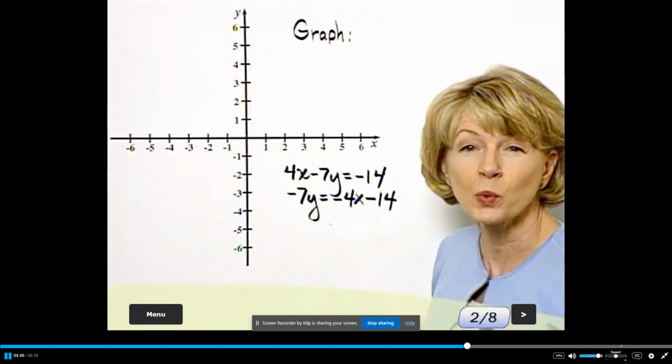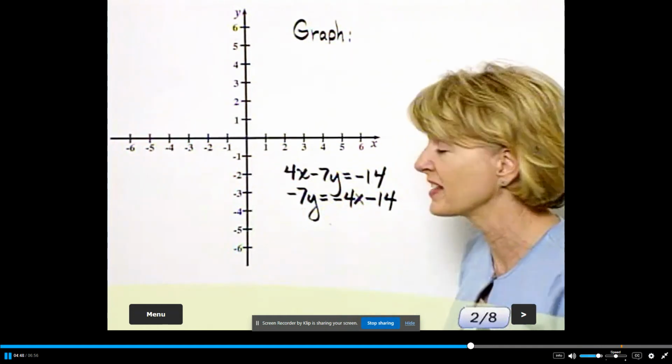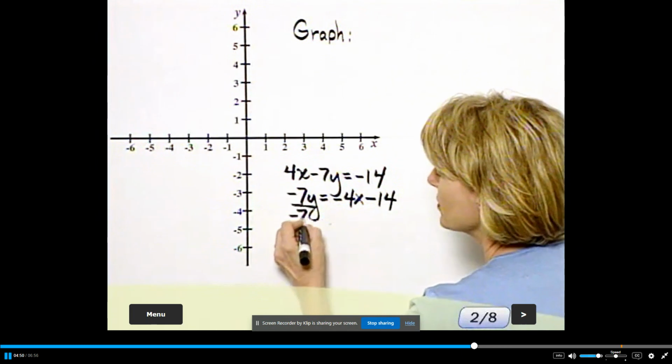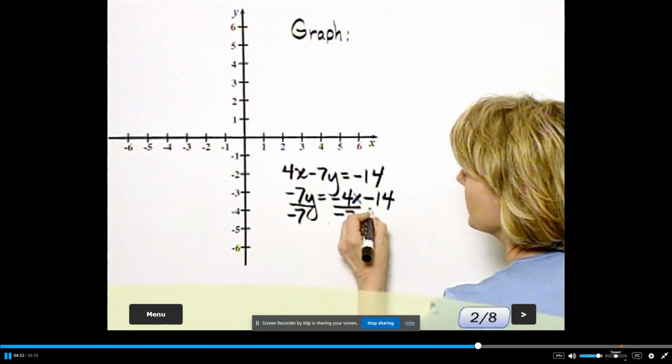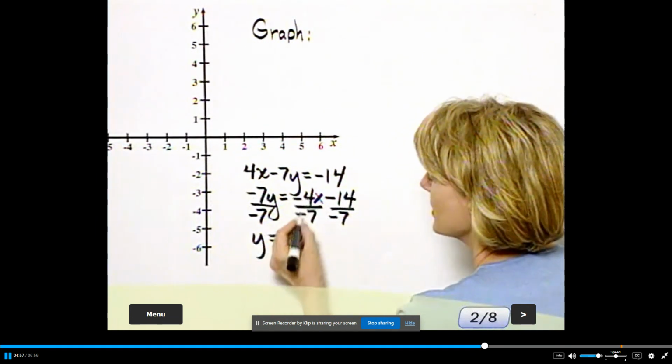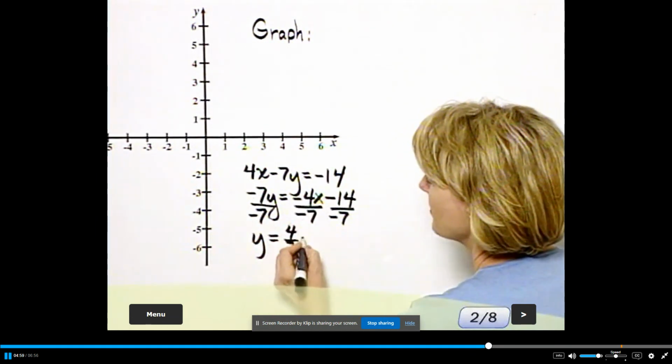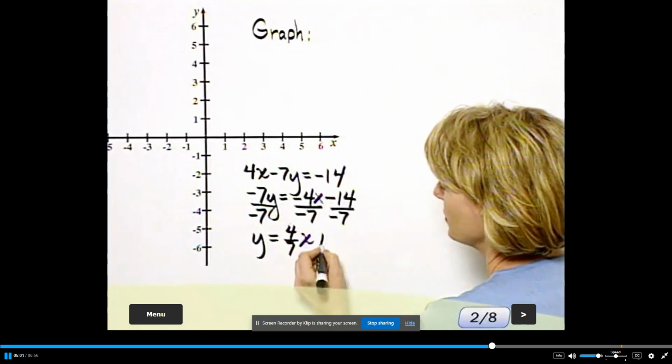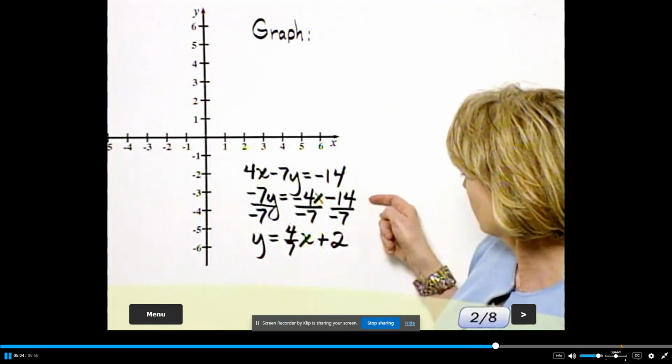I'll finish solving for y by dividing each term by negative 7. And then I'll have y equals 4 over 7x, and then plus 2.